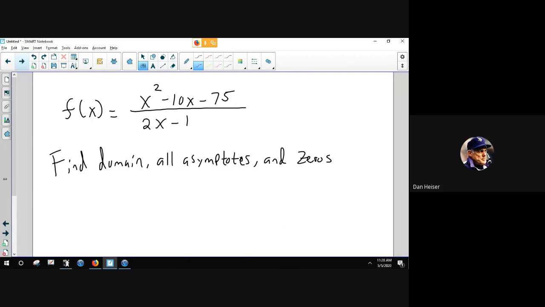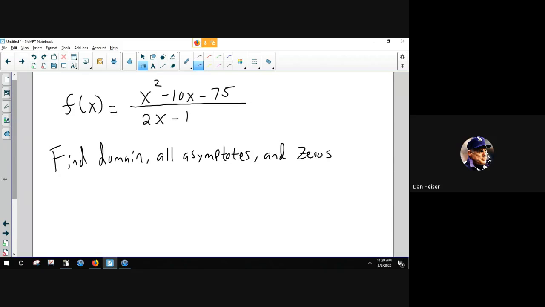Final example. This function, and again, we'll find the domain, all the asymptotes, and zeros. Starting with the domain, we have one bad value of x.